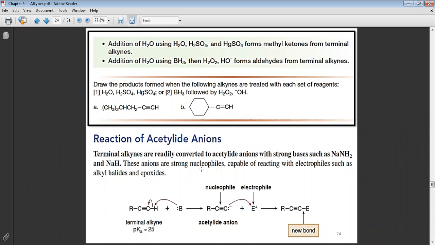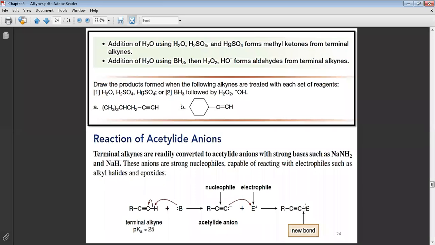It will attack the proton of the terminal alkyne to give you the acetylide anion, and the acetylide anion acts as a nucleophile that can attack an electrophile. If you have an electrophile, this acetylide anion can attack it, and finally we have a new carbon-carbon bond.